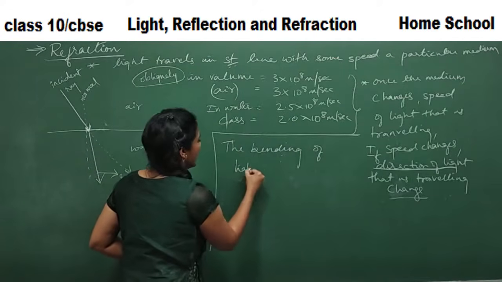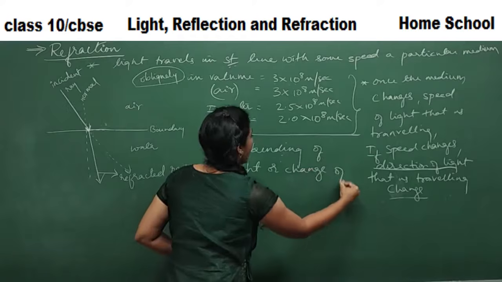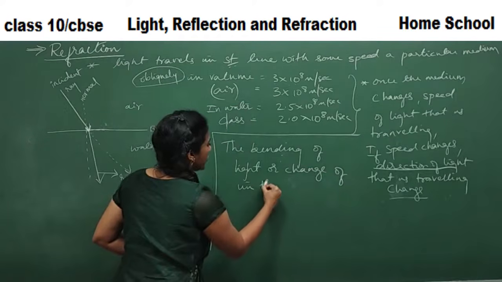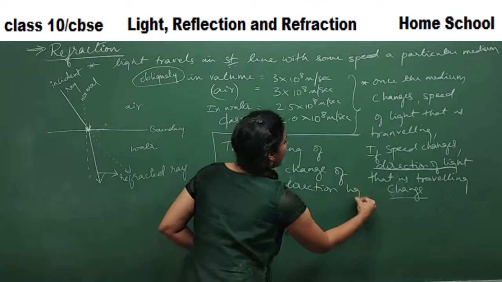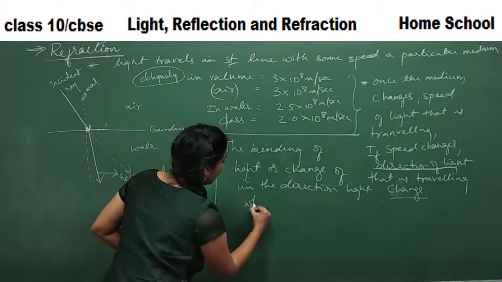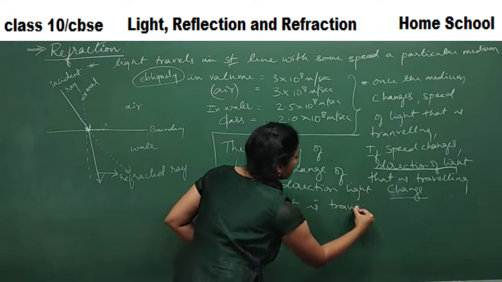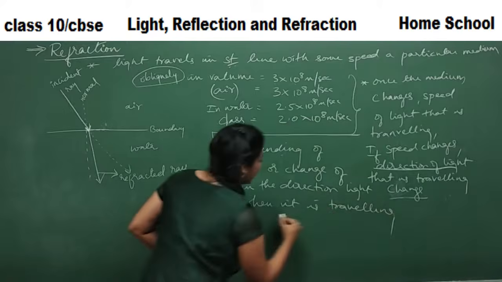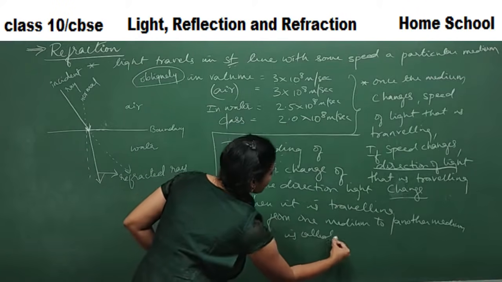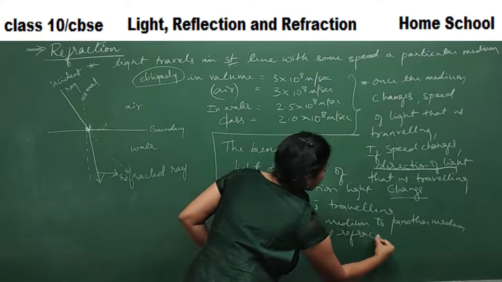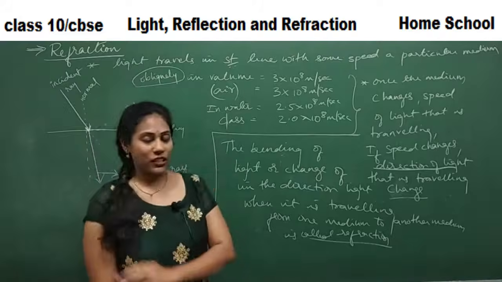Bending of light or change in the direction of light, when it is traveling from one medium to another medium, is called refraction. So this is the very simple definition for refraction.